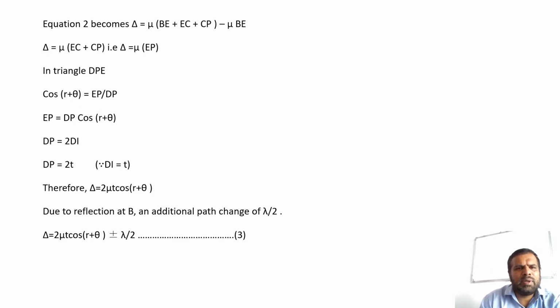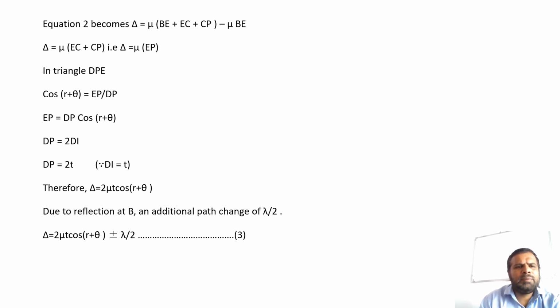Equation 2 becomes delta is equal to mu into bracket BE plus EC plus CP bracket complete minus mu into BE. Delta is equal to mu into bracket EC plus CP, that is delta is equal to mu into EP.